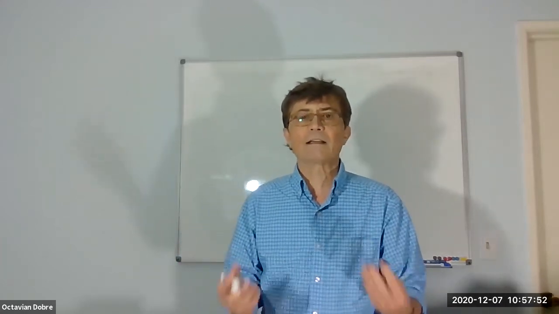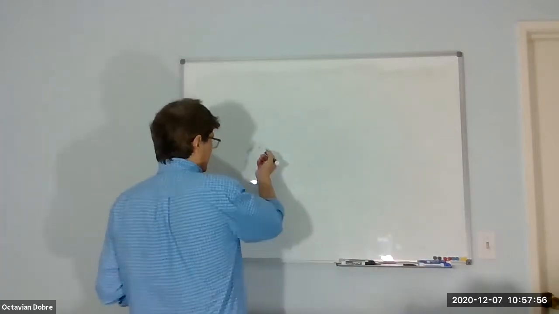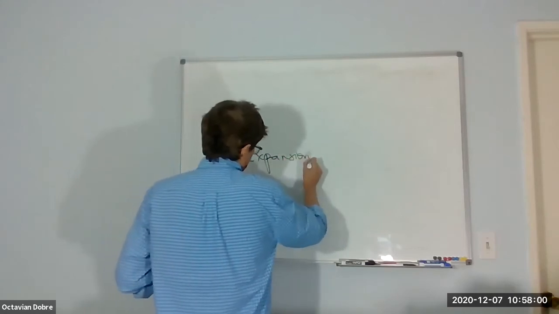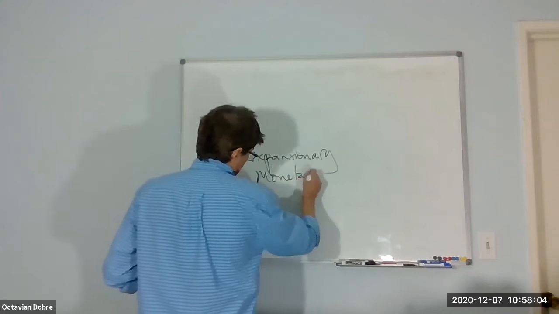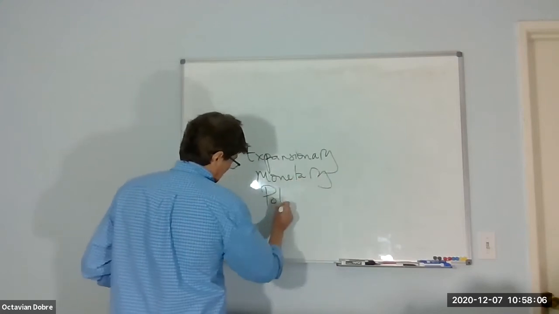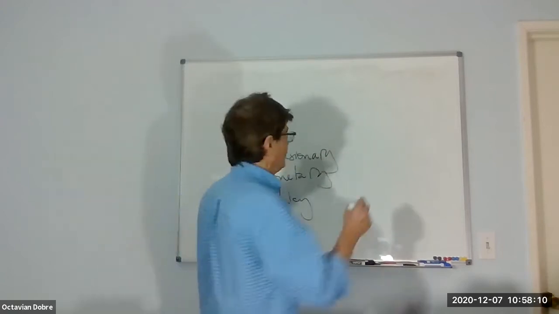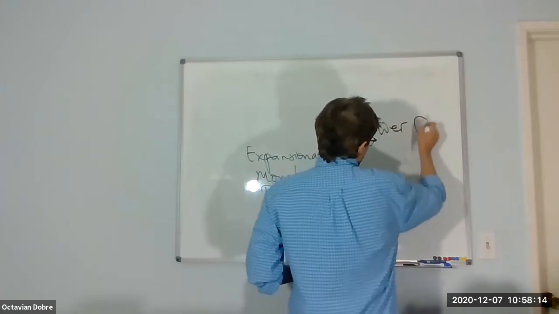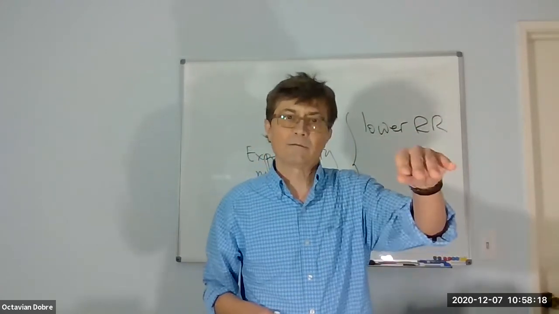So what were the examples of expansionary monetary policy? One was to lower the reserve requirement ratio on banks.